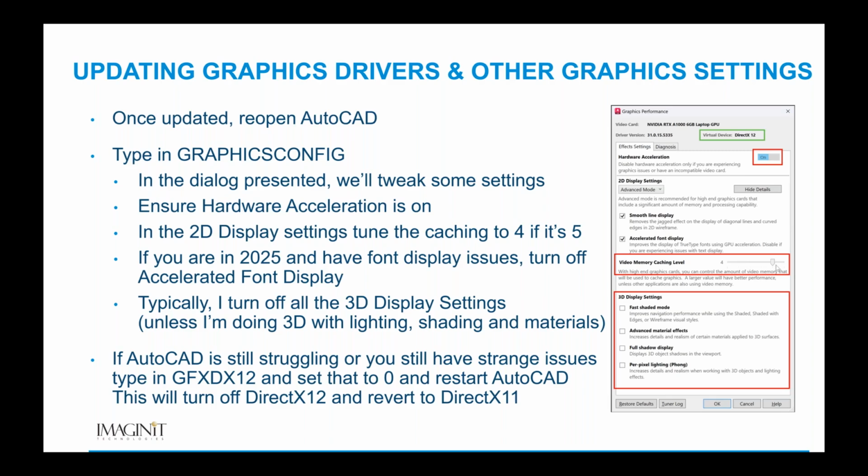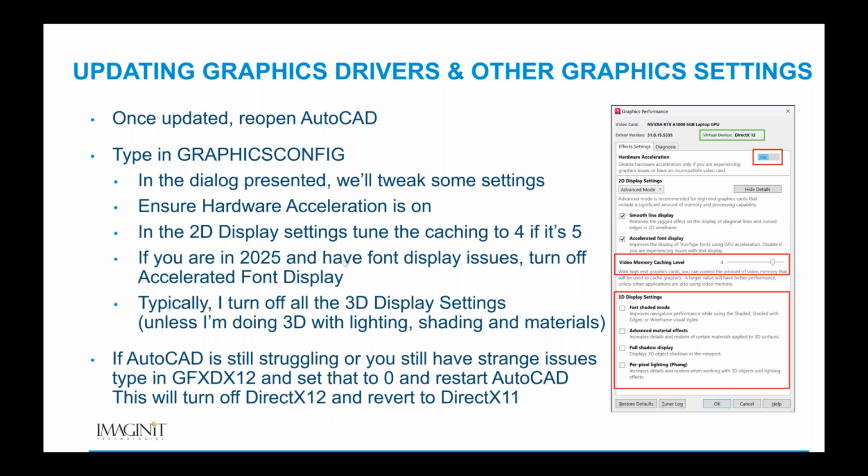Then we start having collisions and conflicts. If I set it to 4, now I have a little wiggle room between 4 and 5 for other programs. If you're running things like Bluebeam, Bentley products, or the full Adobe Acrobat, anything that's graphics intensive, it's going to need some of that video card.